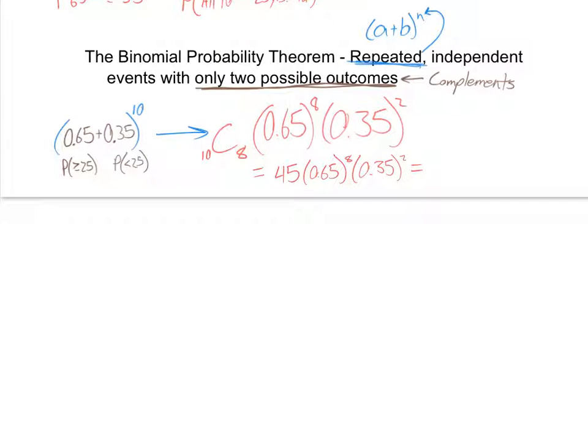Come on, you guys have your calculators. What did I tell you? Get your calculators out if you don't have them out yet. Well, 0.65 to the 8th is about 0.03. So if we figure that out, we would end up with 17.6%. That's our chance of getting exactly 8 older people and 2 younger people.